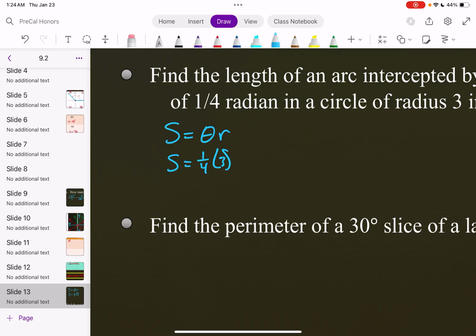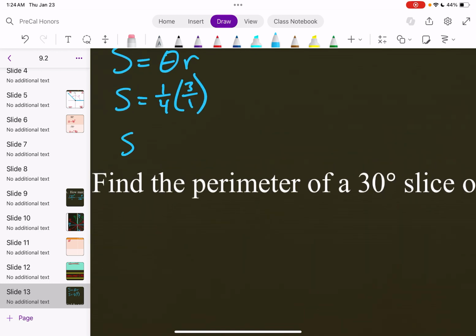As we multiply, even if you have to put this back as a fraction, this would be 3 over 1. You multiply straight across. S is equal to 3 pi over 4.